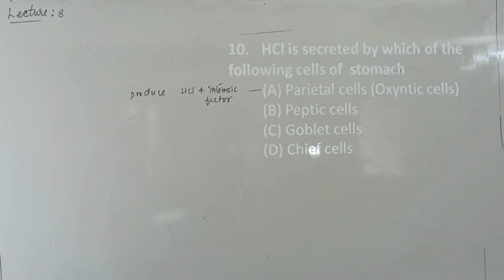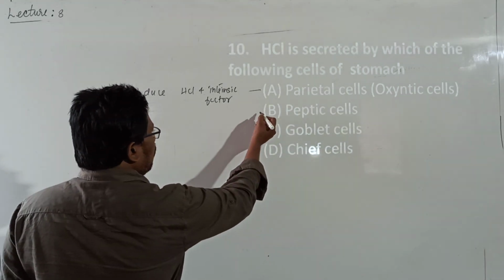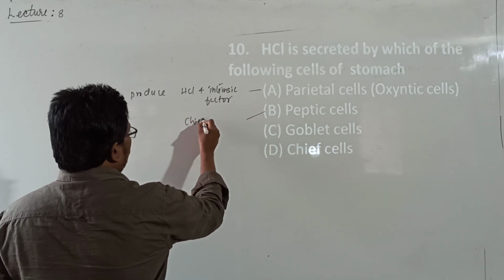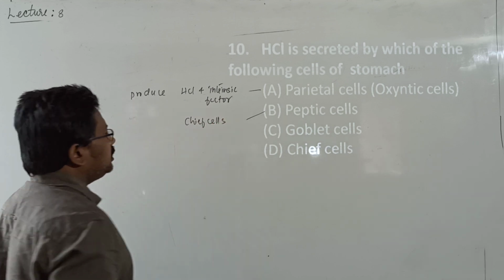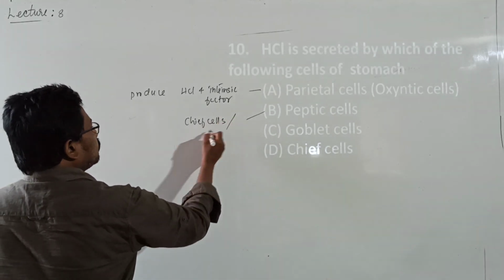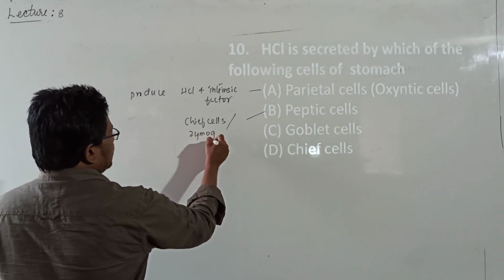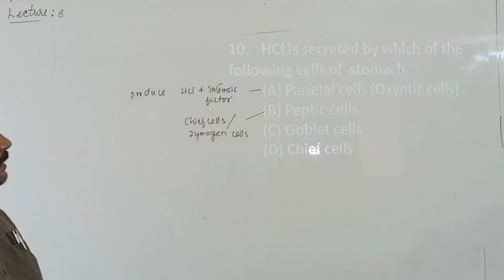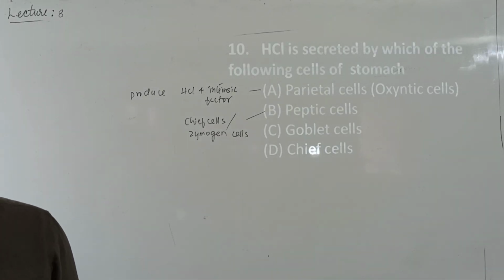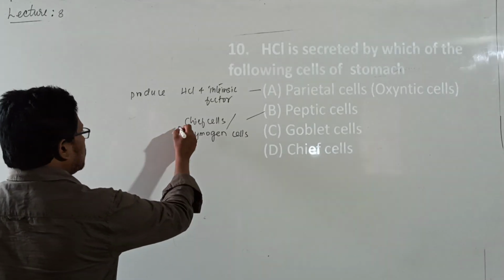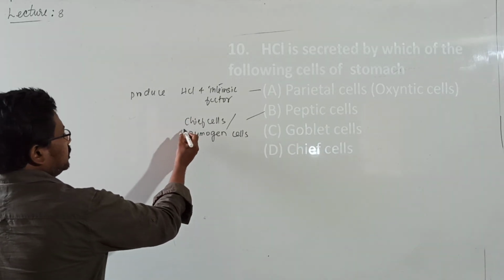Whereas chief cells are also called peptic cells. These peptic cells, we also call them chief cells. You can also take them as zymogen cells. All one and the same, peptic cells or chief cells or zymogen cells. These will be producing the main digestive enzymes.